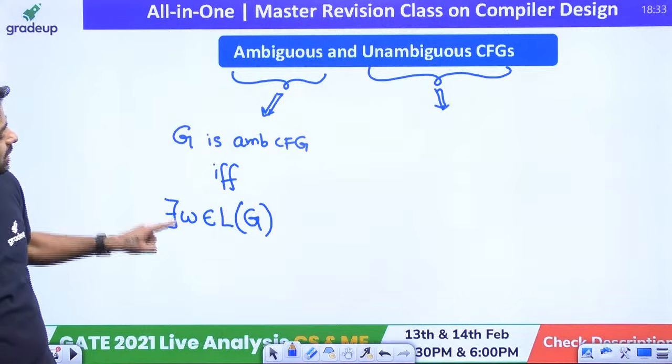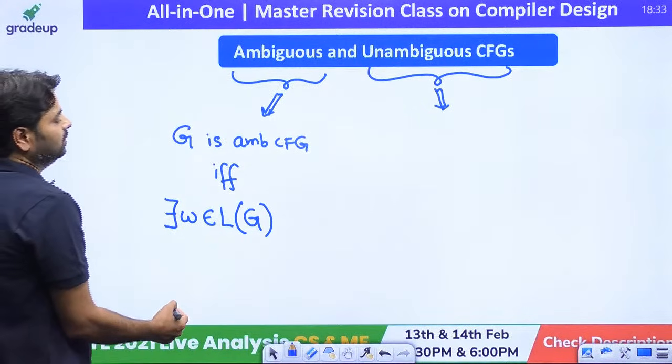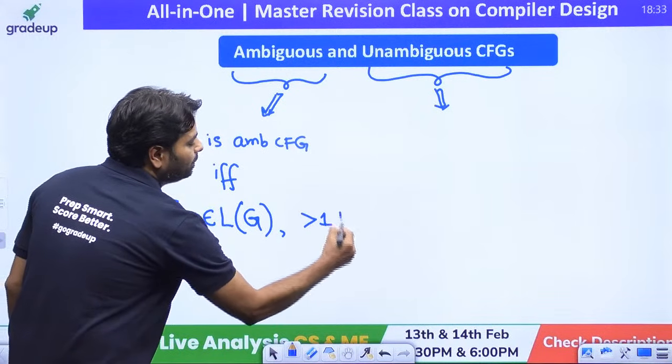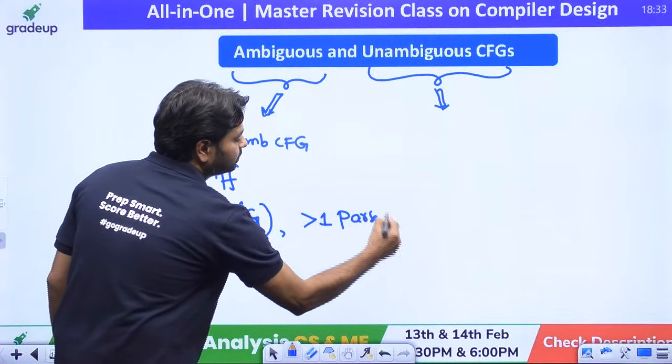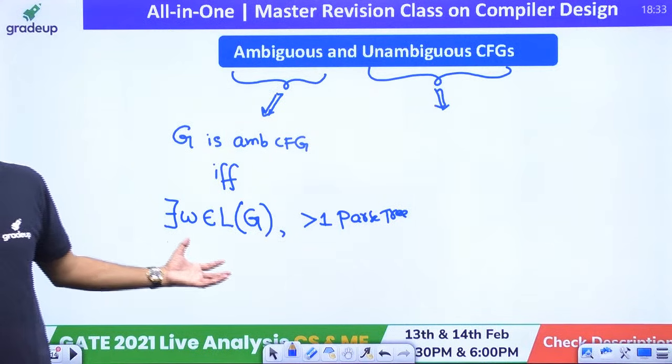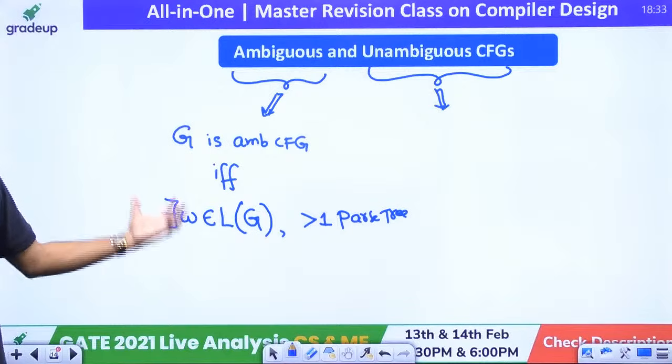That means that grammar generates a string which has more than one parse tree. Very simple definition. It could be asked theoretically or with an example, whatever it is.